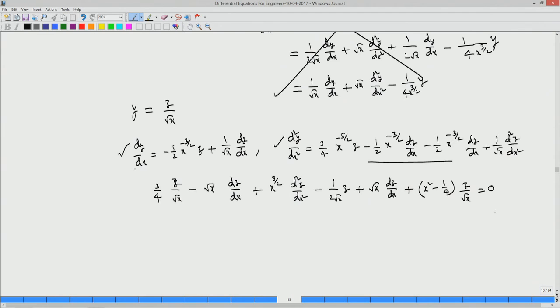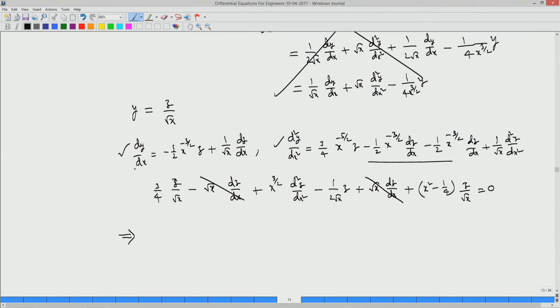So, you see that nicely this transforms into a simpler equation. As you see, multiply, so you can see that x root x dz by dx cancels, and this part minus 1 by 4 z by root x.